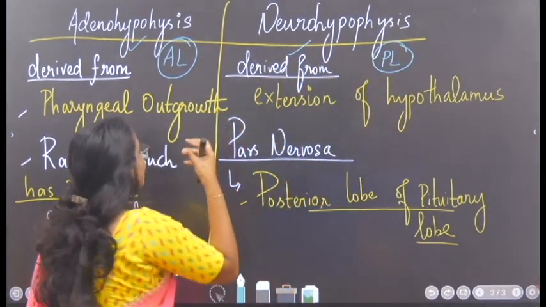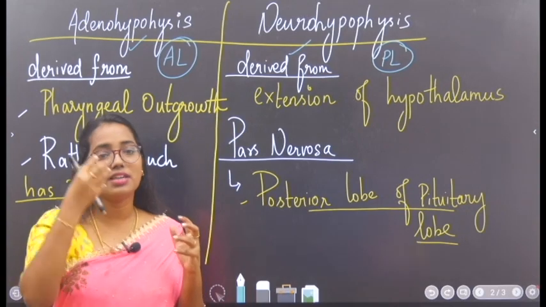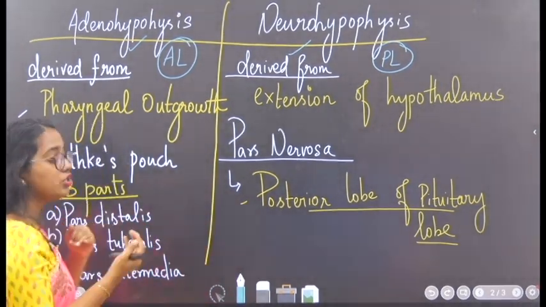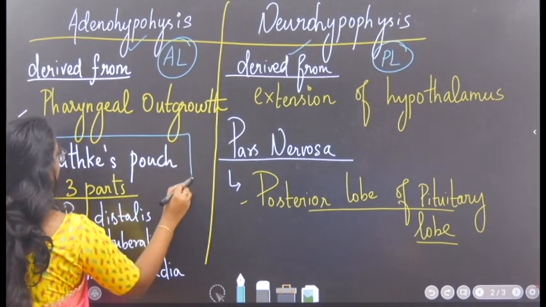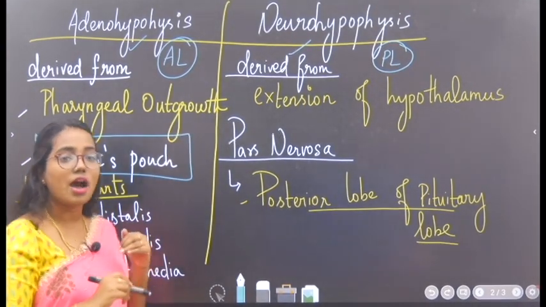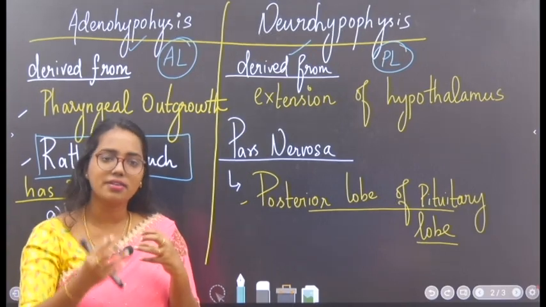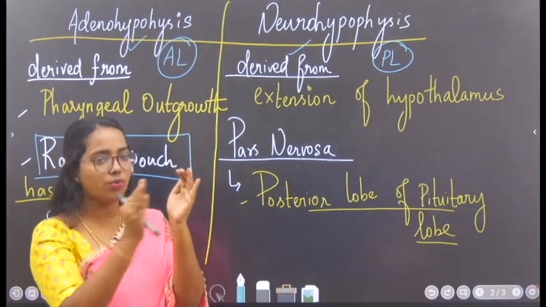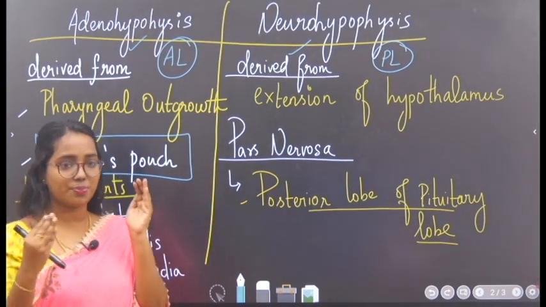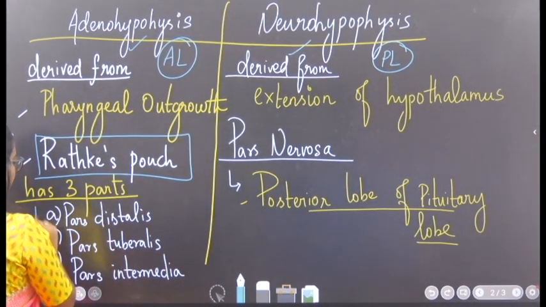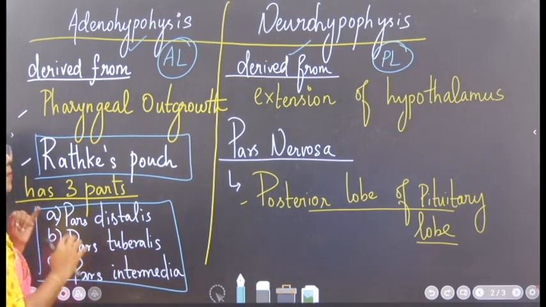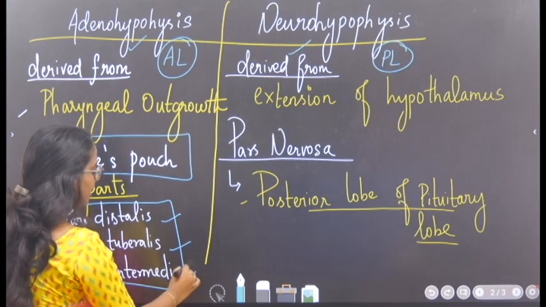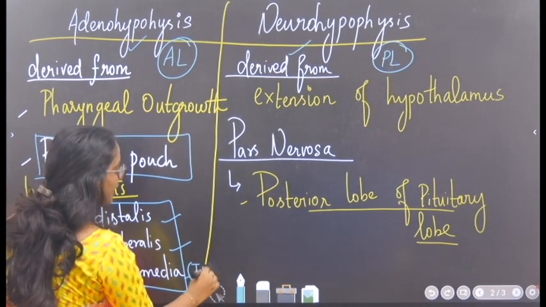Where are they derived from embryonically? The pharyngeal outgrowth, also known as Rathke's pouch. Only the adenohypophysis, or anterior pituitary, is derived from this portion, and it has three different parts: pars distalis, pars tuberalis and pars intermedia, which represents the intermediate lobe of the pituitary.